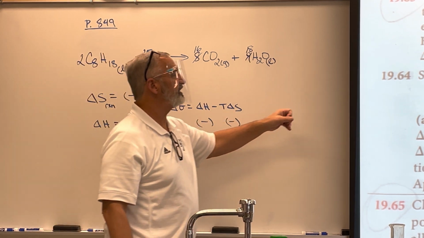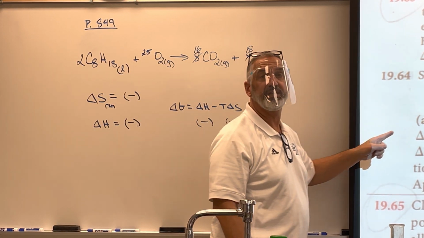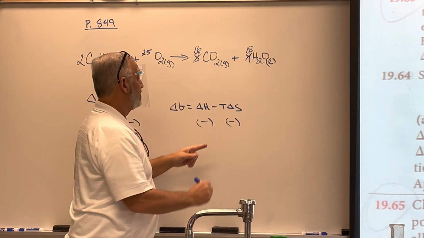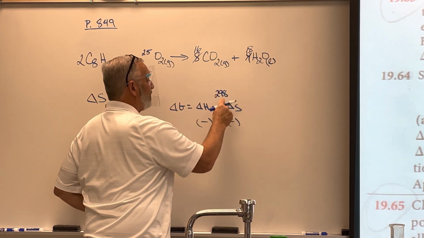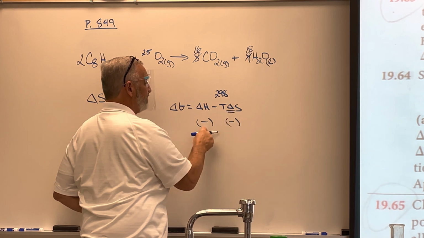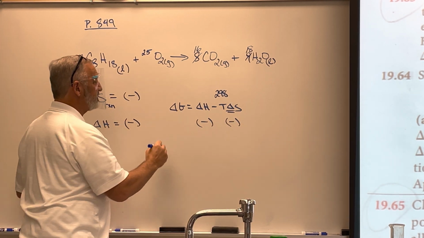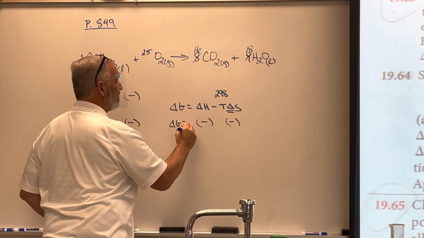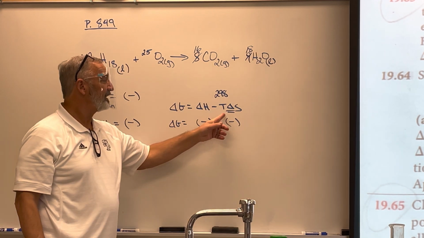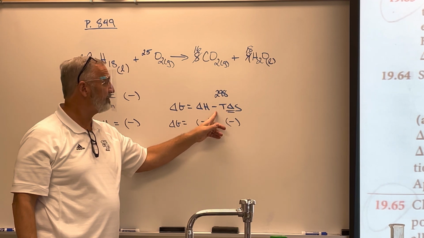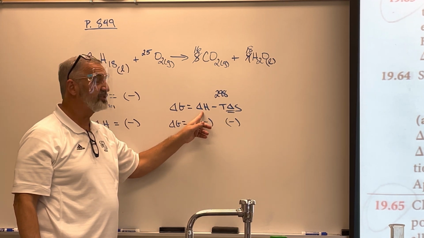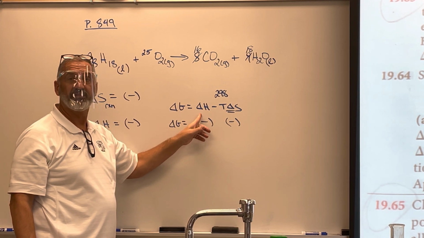Well, they have delta G here, so I know it's going to be 298. Okay? So what's this term going to do? It's going to make delta G negative, but is it going to become less negative, right? Because this is going to be a positive, so it's going to make delta G less negative.